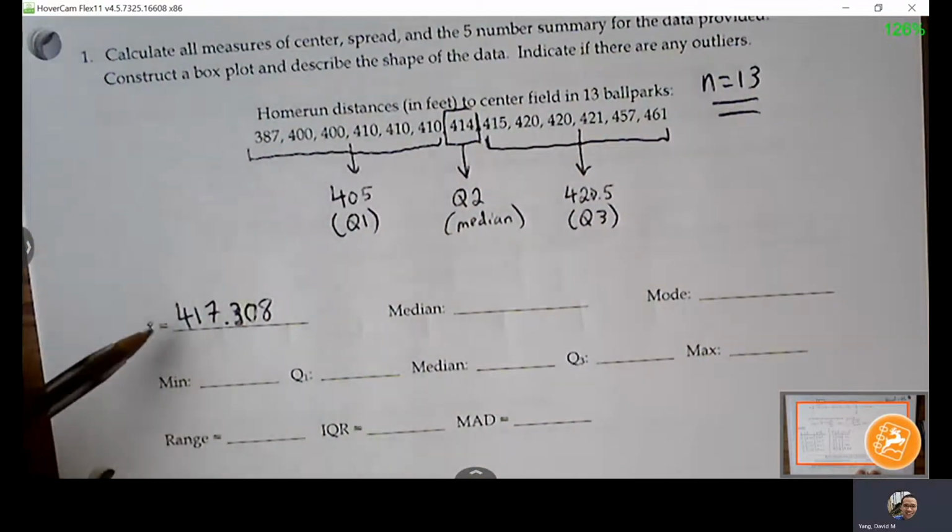Okay, add up all the numbers divided by 13. That'll give you your average home run distance.